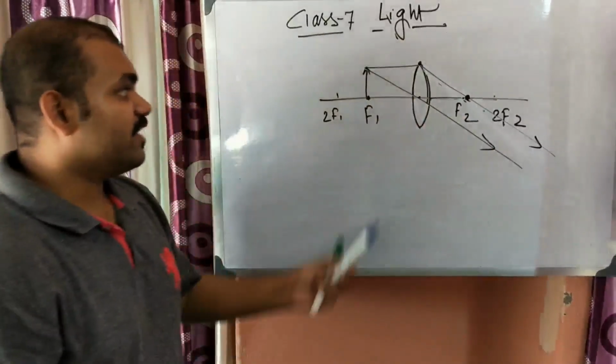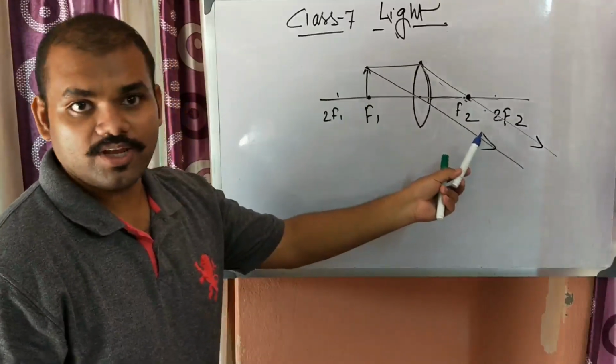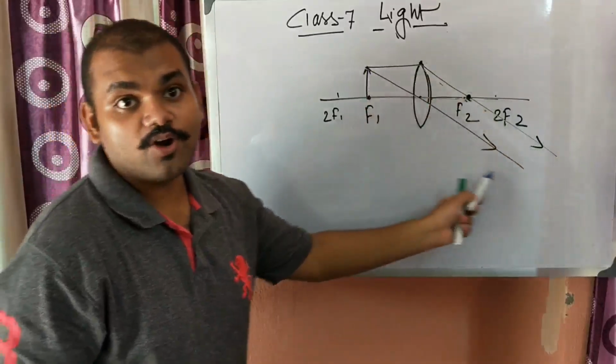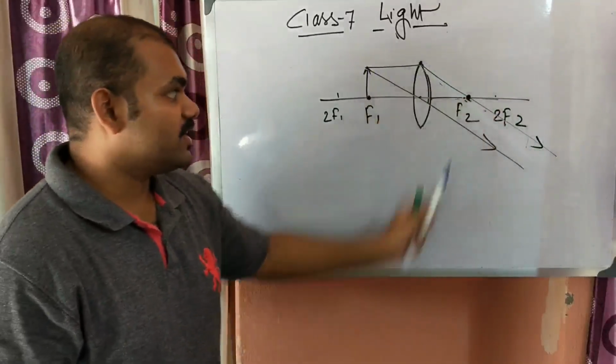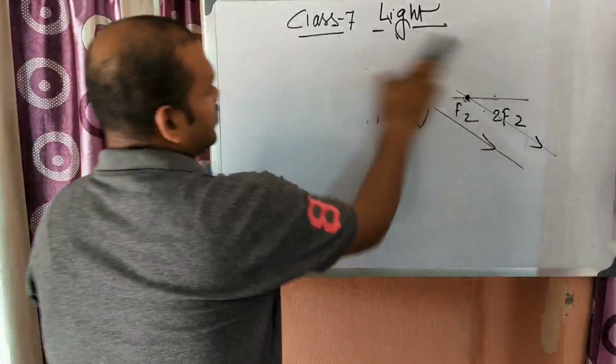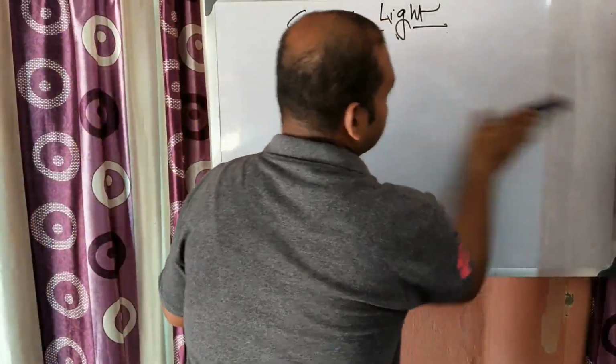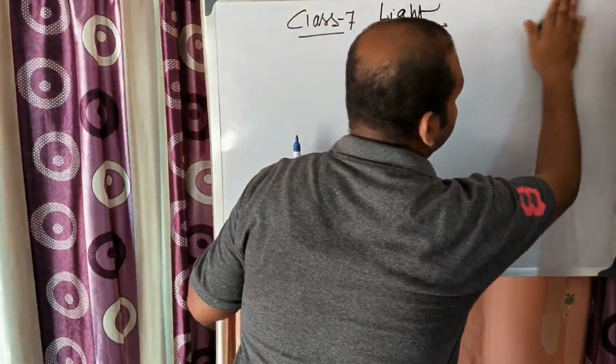Try to draw it with a scale. In my case I will not use the scale, so that's why the figures are coming like this, but you need to draw the figures with the scale, otherwise your figure will be like that.